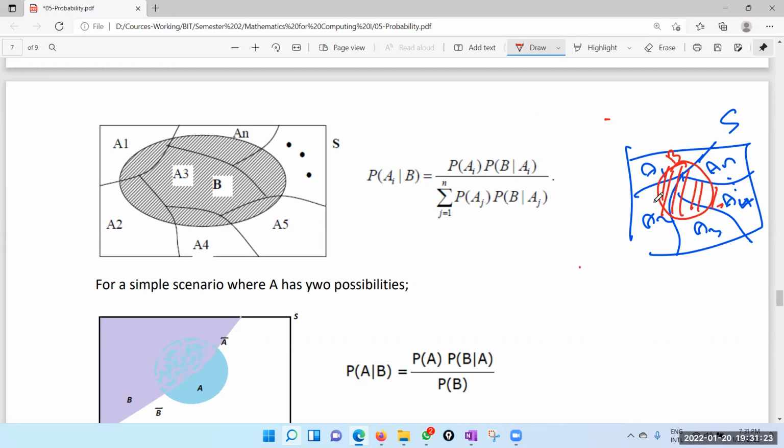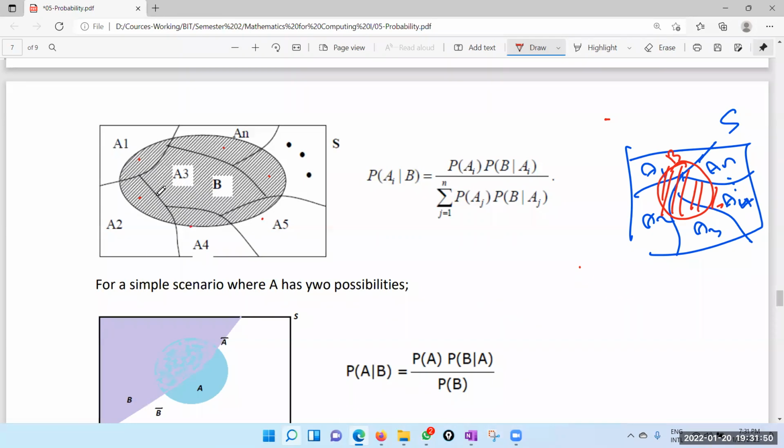Now the Bayes theorem says there's another one called the total probability theorem, which is not mentioned in your syllabus, luckily. If we do that, it gets even more confusing. Right. So the Bayes theorem says the probability of AI happening, that is A1 or A2 or A3, given B has happened.